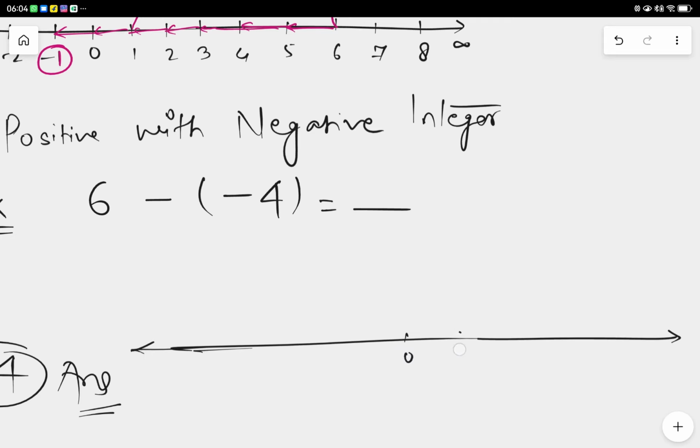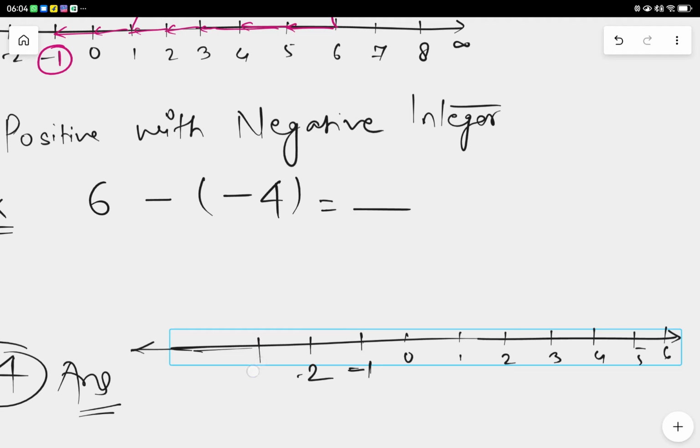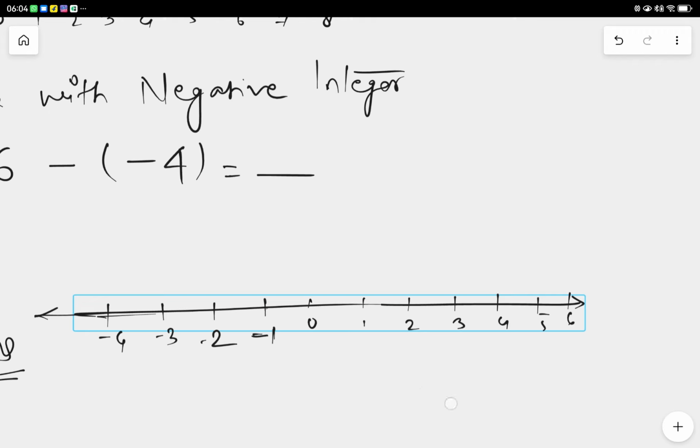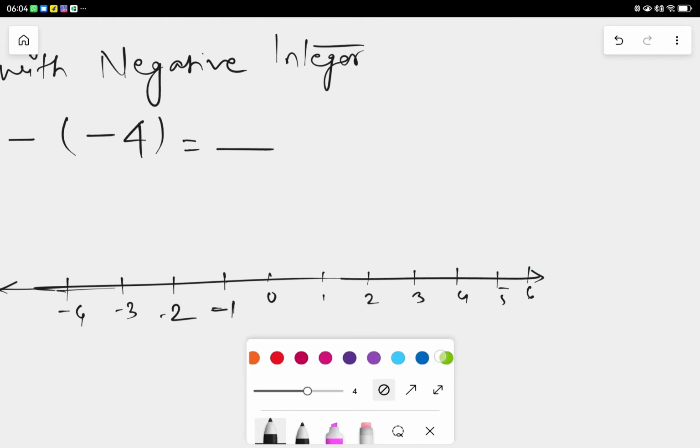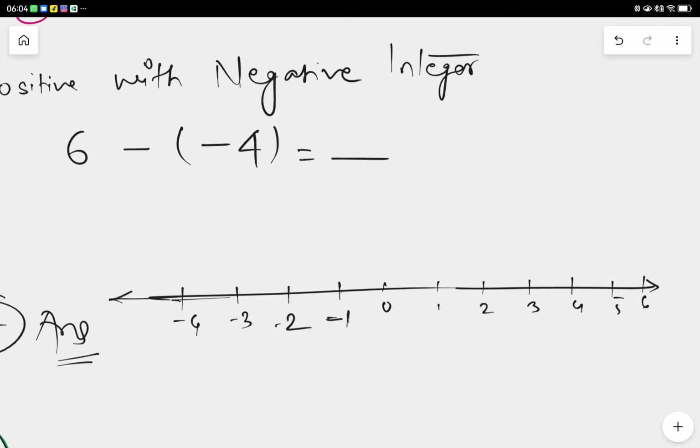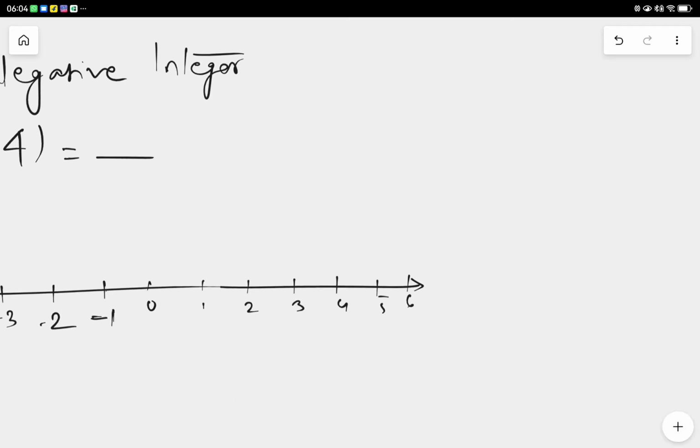Here it is 0, 1, 2, 3, 4, 5, 6, and -1, -2, -3, -4. Okay, so understand this. This is very important, because a little bit of a trick will come into this picture. So first we have to jump 6 units further. So let us make it 7, 8, 9, 10 and infinity.